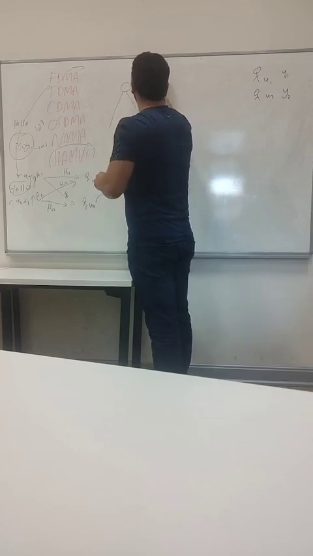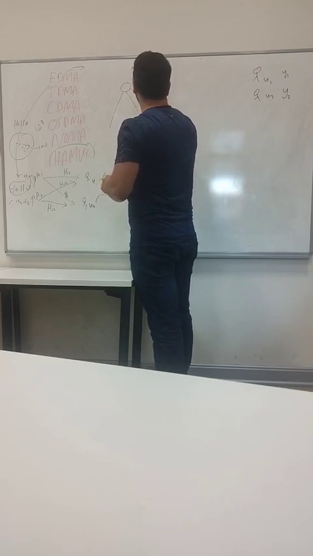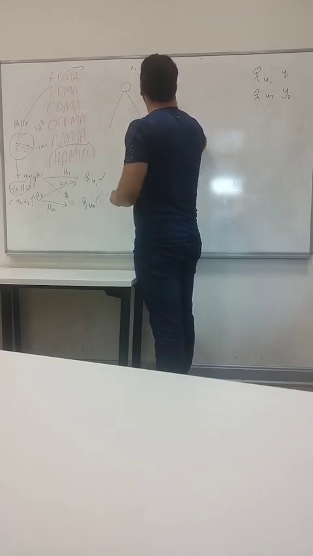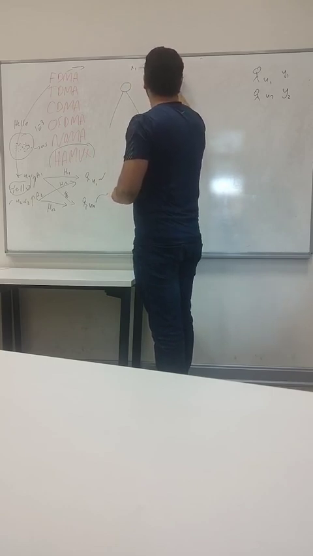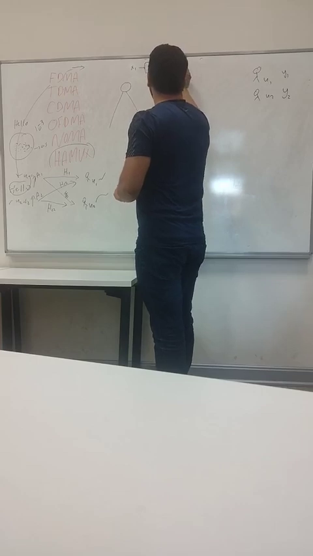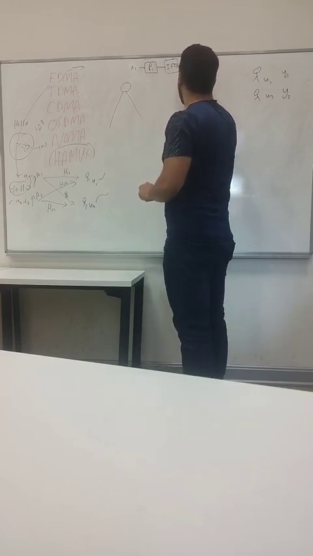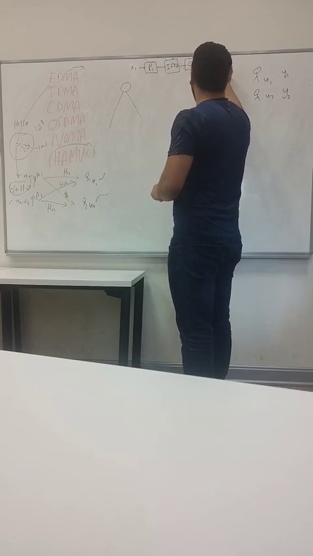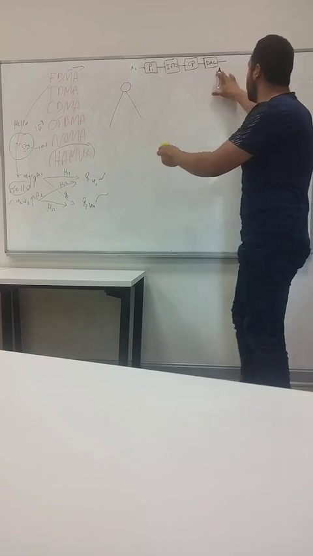This block over here is precoder B1, and then we have the IFFT block, then the CP block, the addition of the cyclic prefix, then the digital to analog converter, the DAC, and the RF chain.